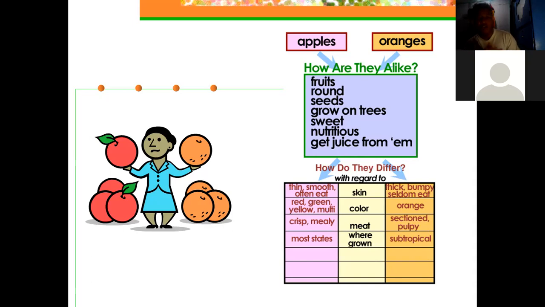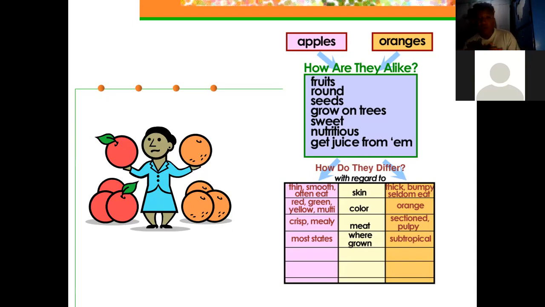How do they differ? What is the difference? For example, regarding the skin, the apple is thin, smooth, and often eaten, while the orange is thick, bumpy, and not eaten.